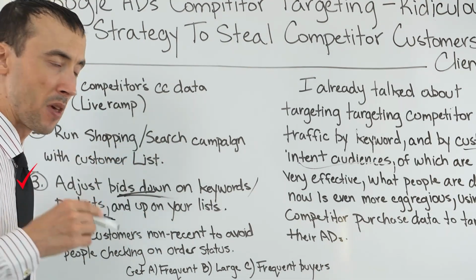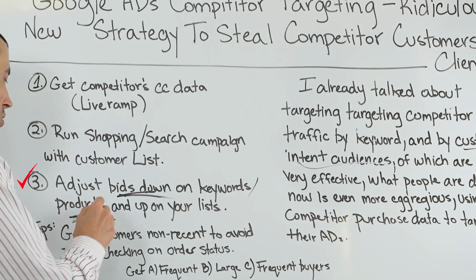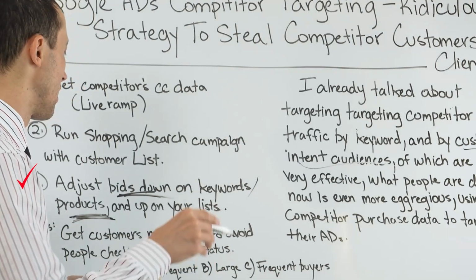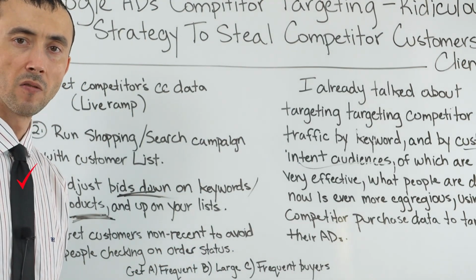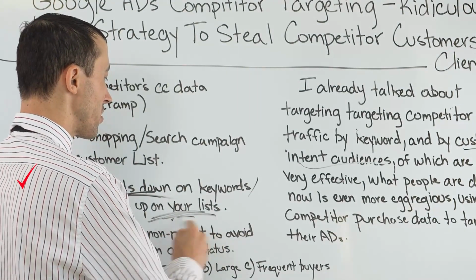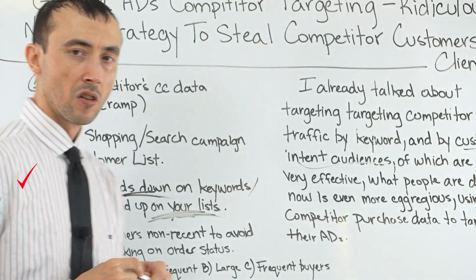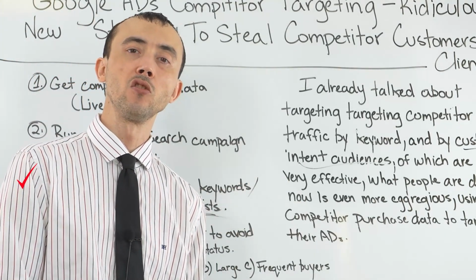If we're talking about shopping campaigns, you can't do that with PMAX. But if you run regular shopping campaigns, you can go downward in bids on your individual products, and then you can go upwards in bid on your lists, i.e. your competitor's customer list that you have now imported into your Google Ads account.